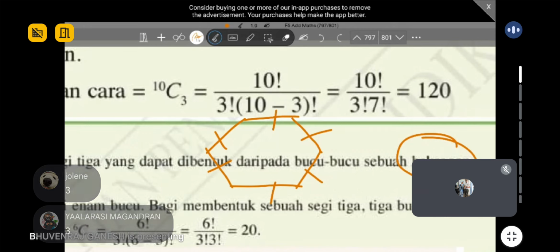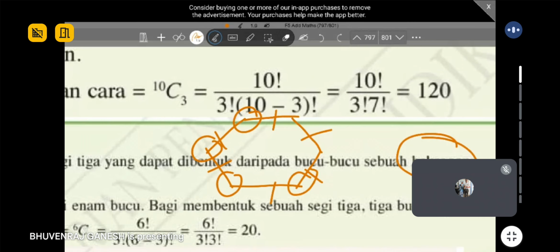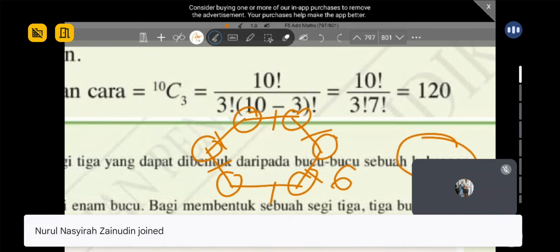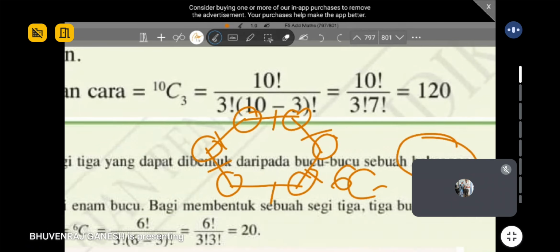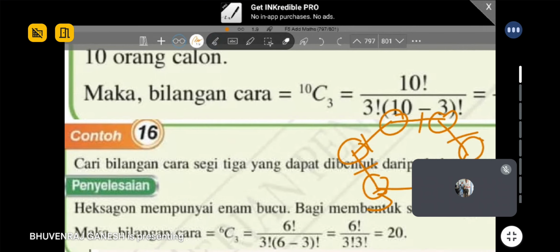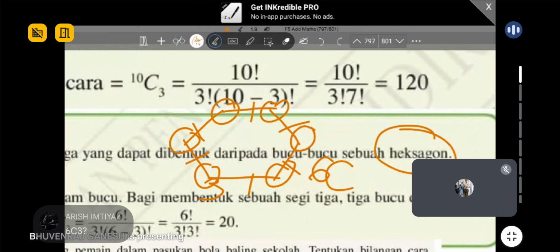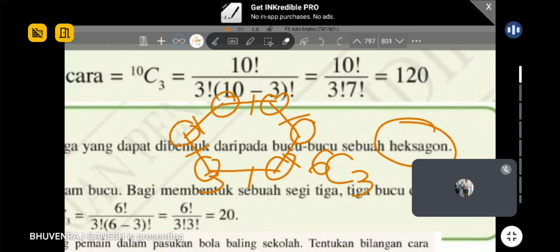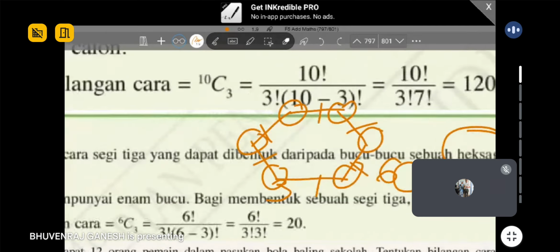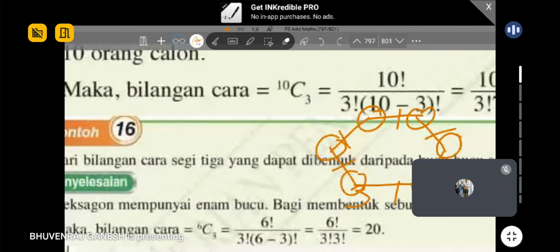Very good. 3. So means that logic, kamu ada 6 bucu untuk hexagon, 6 vertices. You want to form a triangle, got 3 vertices. So the answer is 6C3. Okay, guys? Yes. Very simple only. Sangat senang. Okay? So the answer is 6C3.